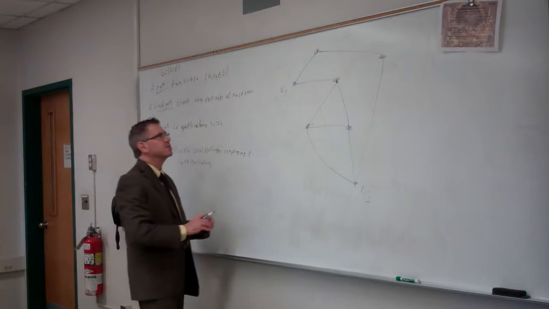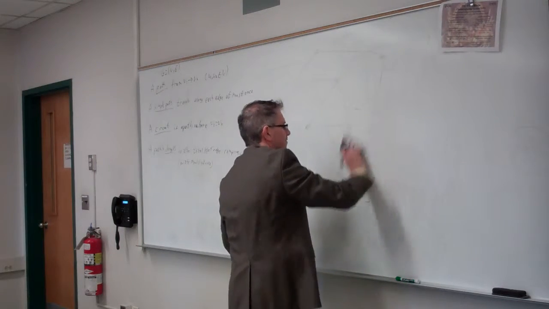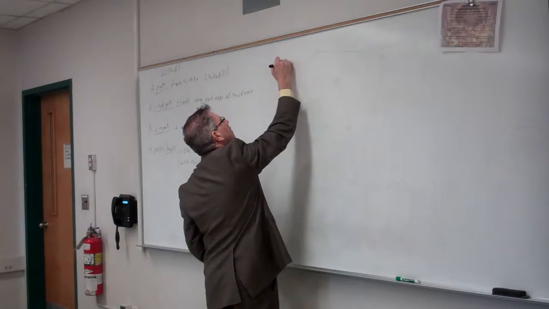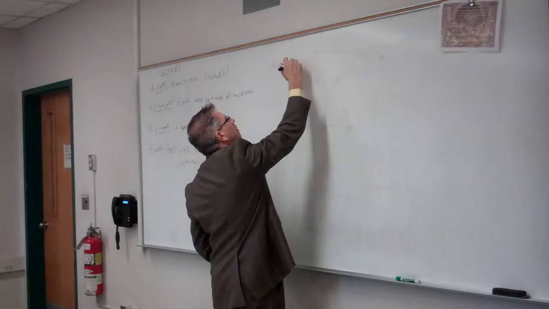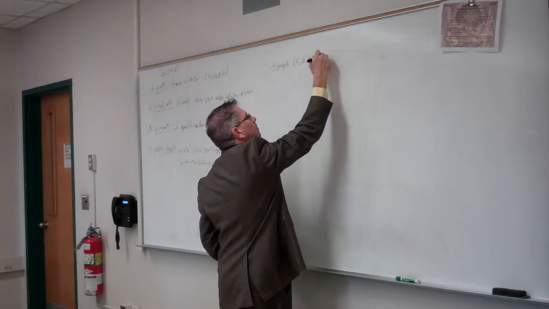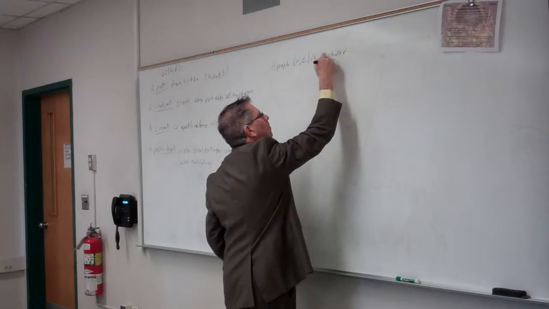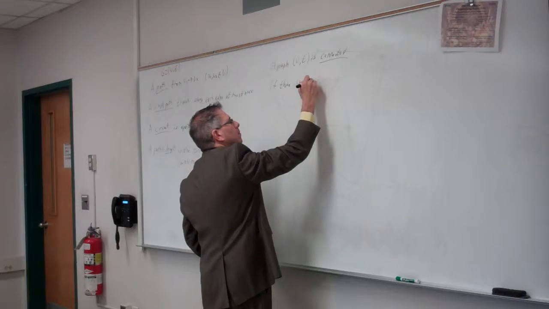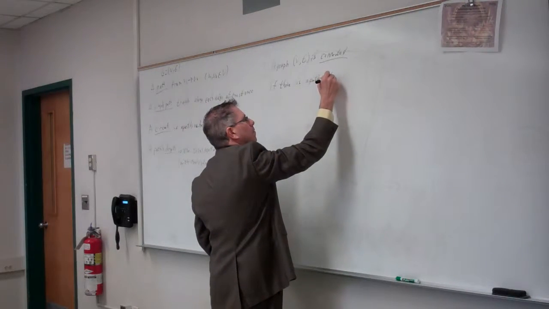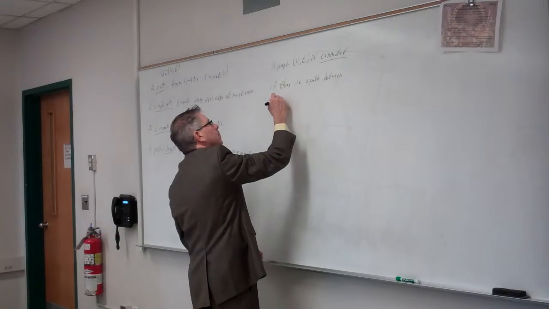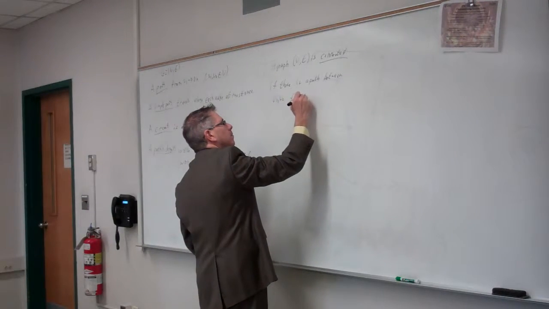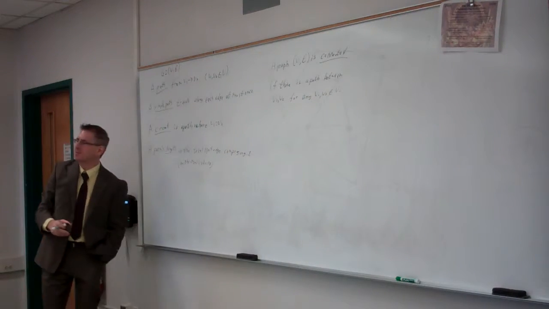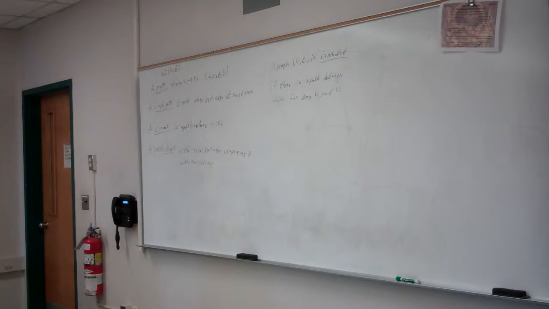So now we can formally say what a connected graph is. A graph is connected simply if there's a path between any 2 vertices.